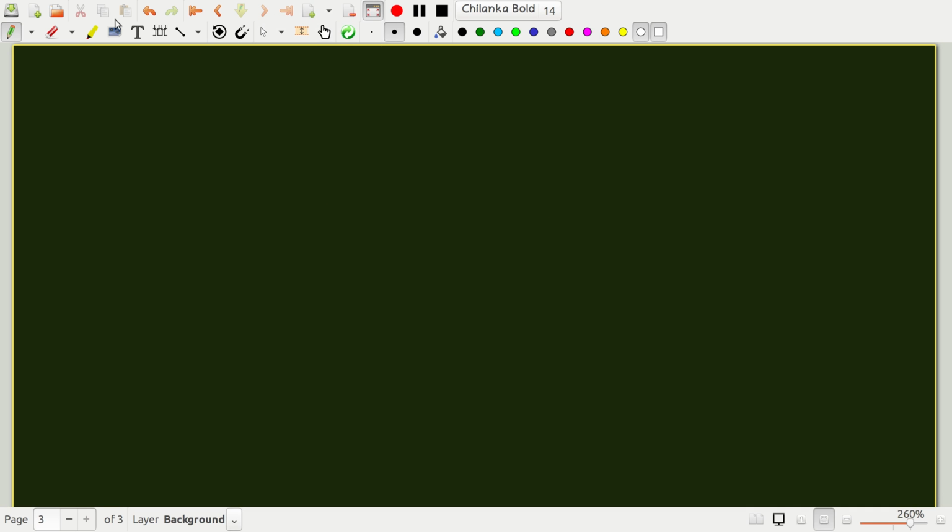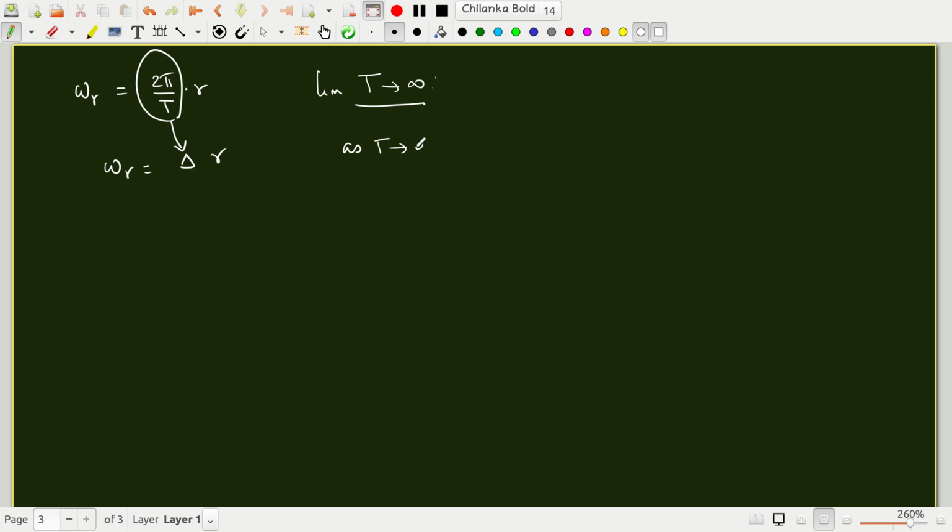Now let's call omega r as 2 pi by T times r. We are going to look at the limit T going to infinity. So let's call omega r as delta times r, where this combination 2 pi by T is delta. Now, what is omega r plus 1 minus omega r?